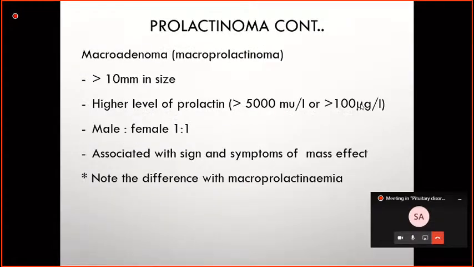Whereas in macroadenoma, you would expect the prolactin level to be very, very high. So microadenoma is usually in women. If prolactinoma occurs in men, usually it is macroadenoma. So in macroadenoma, usually you have to look for the signs and symptoms of mass effect.